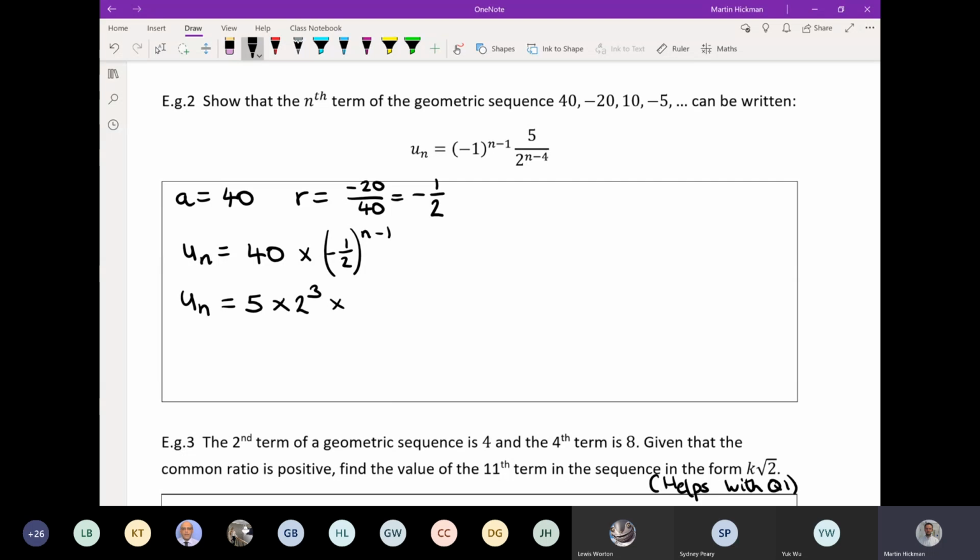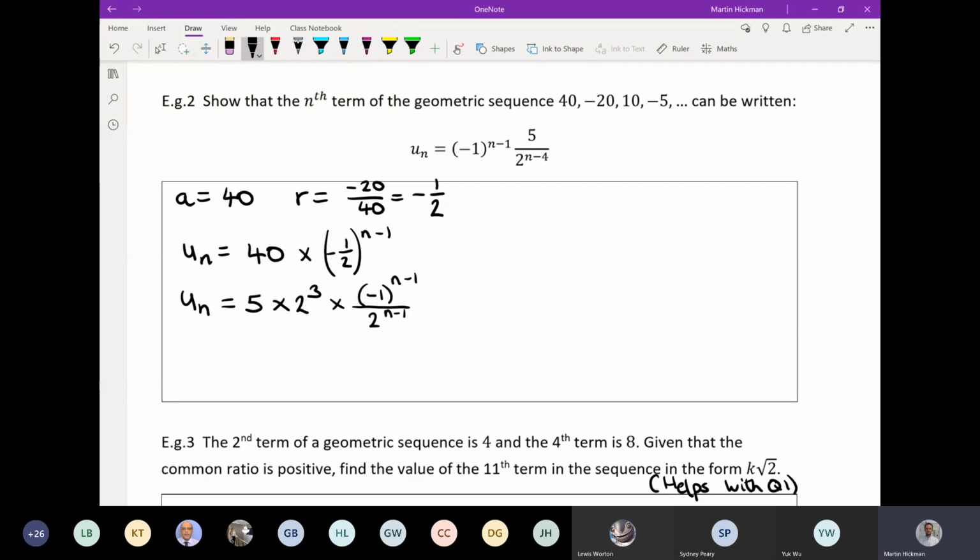And then this bit in the bracket here, because it's all to the power of n minus 1, it means I need to do the top and bottom of this fraction to the power of n minus 1. So I'm just going to rewrite it as the following. I'm going to keep the negative on top because I've got -1 in my answer.